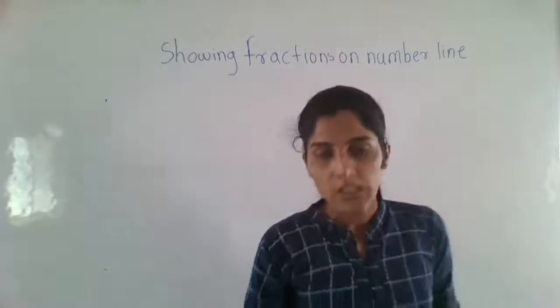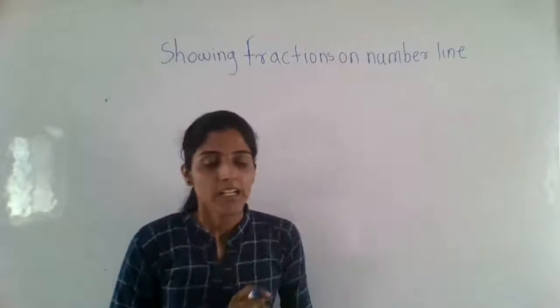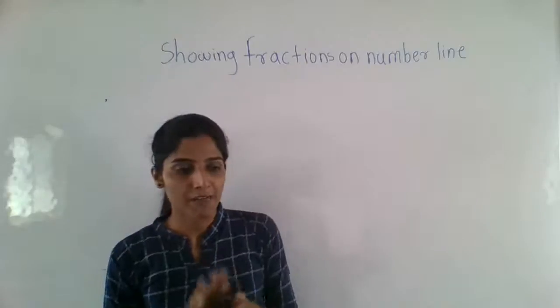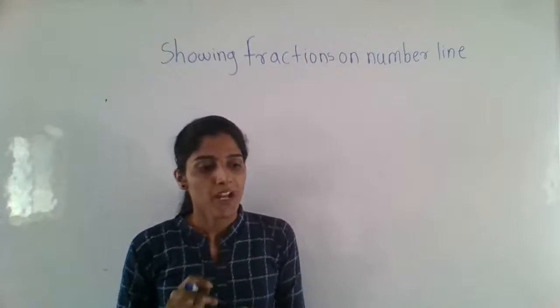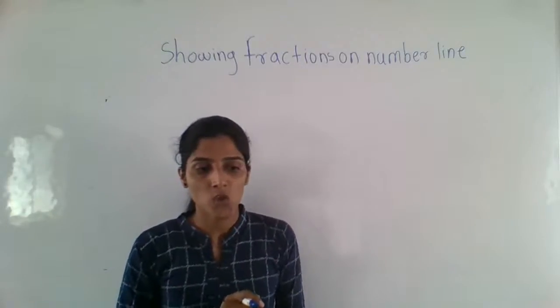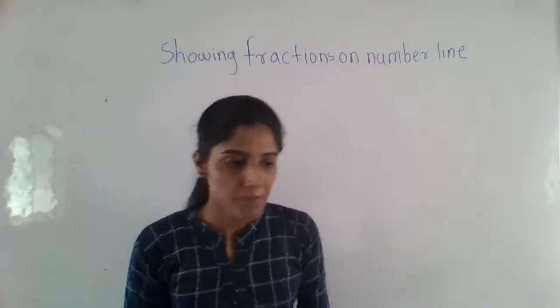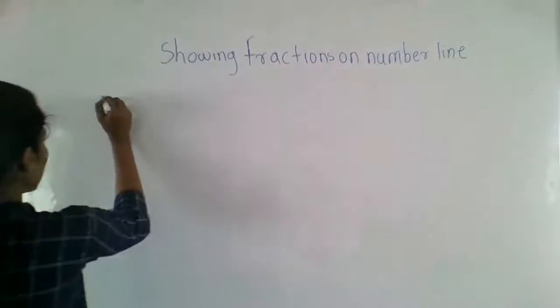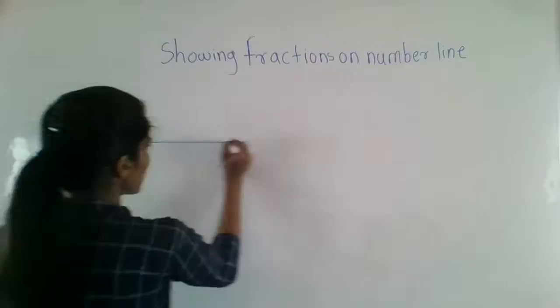Okay. Now we'll see the practice set. That is practice set 11. The first example: what fraction do points A and B show on the number line? Here the number line is given in the first question.